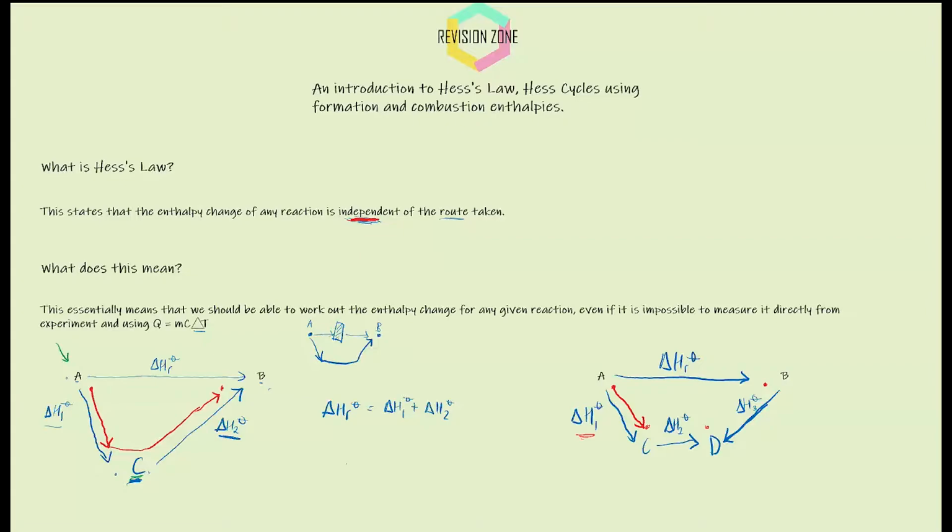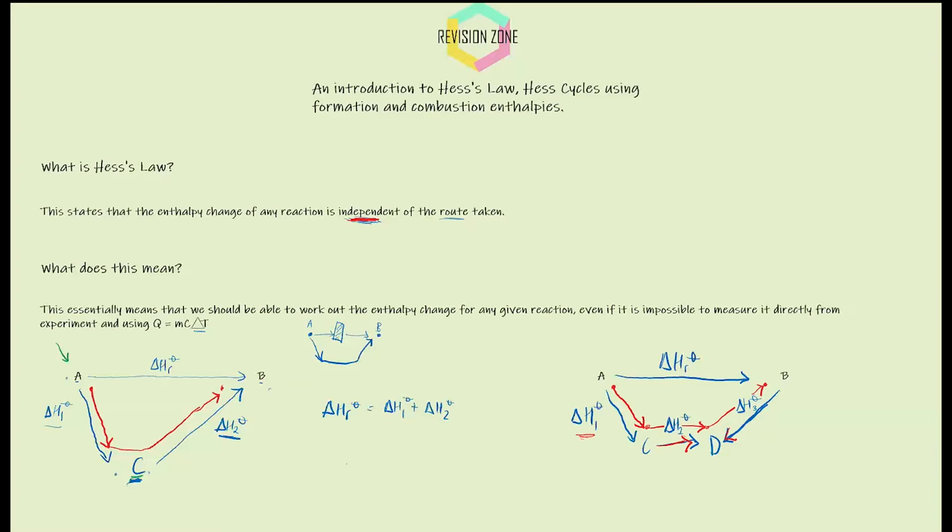I'll go through delta H2 here. I'm also going in this direction, so I'm going with this one here. I'm not opposing this. But from D to B, I know B to D, that was the value as given, and that's going in the opposite direction. This time, I'm going against this arrow.